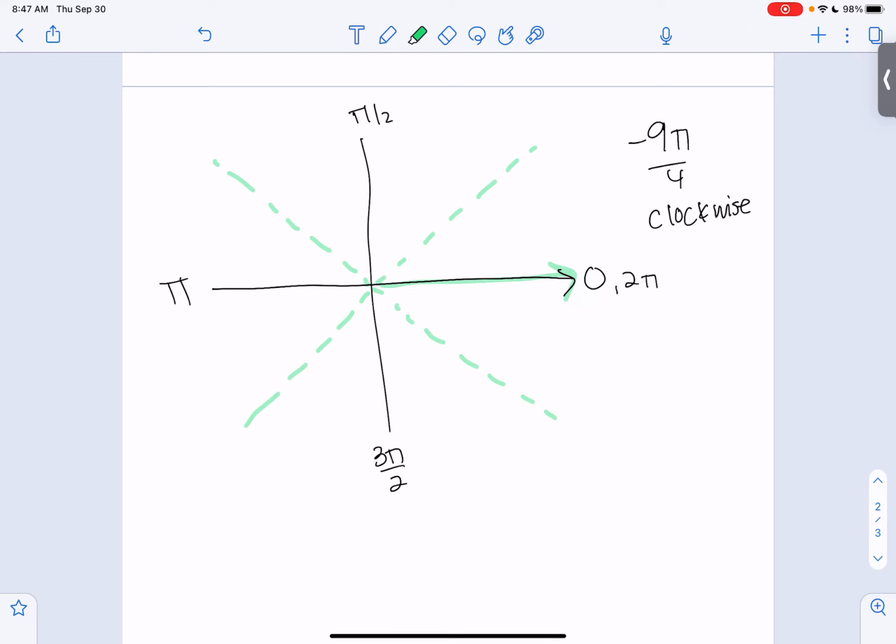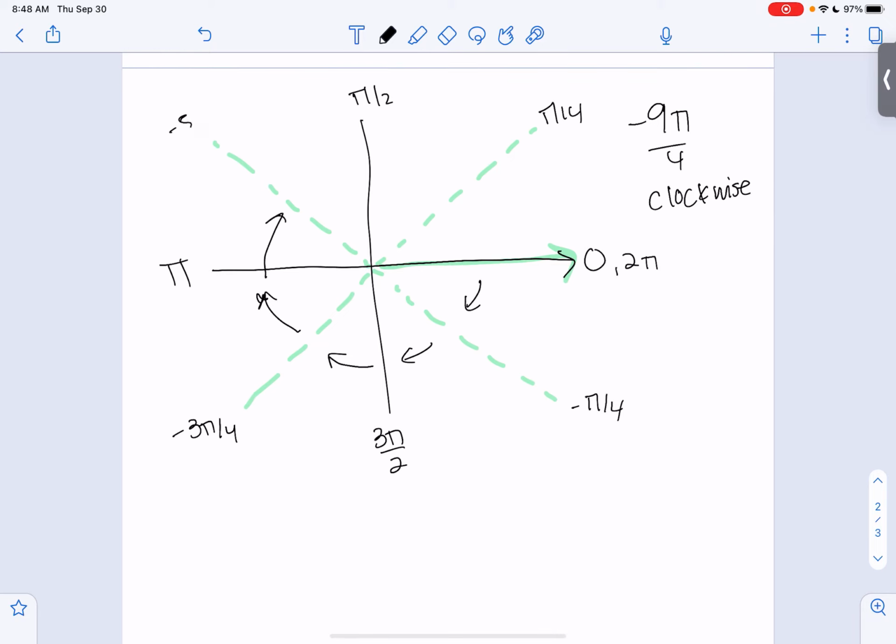We're going to count 9 of these pi over 4 pieces, because this is pi over 4, and so on. So this would be negative 1 pi over 4, negative 2 pi over 4, negative 3 pi over 4, negative 4 pi over 4, negative 5 pi over 4, negative 6 pi over 4, negative 7 pi over 4, negative 8 pi over 4, and then negative 9 pi over 4.